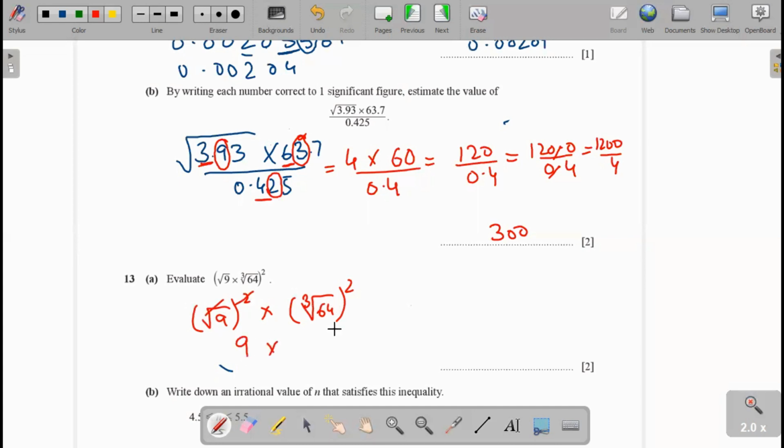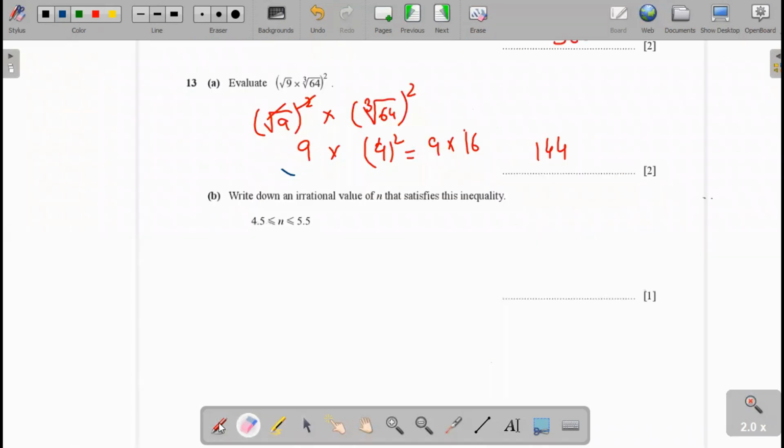And here is the 64, we can write it as 4 power 3. Cube root of 64 is 4. 4 square is 16. 9 multiplied by 16 is equal to 144. This is the answer, 144.